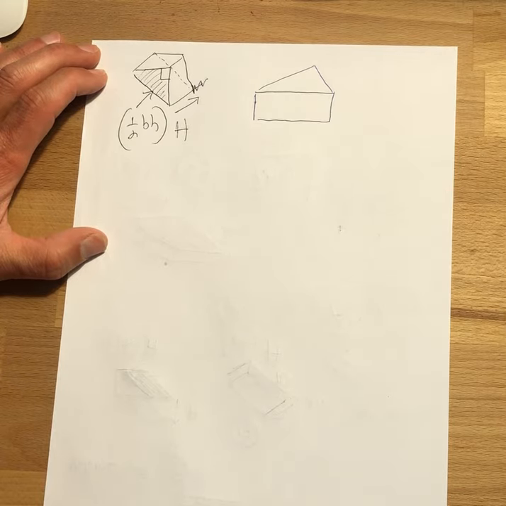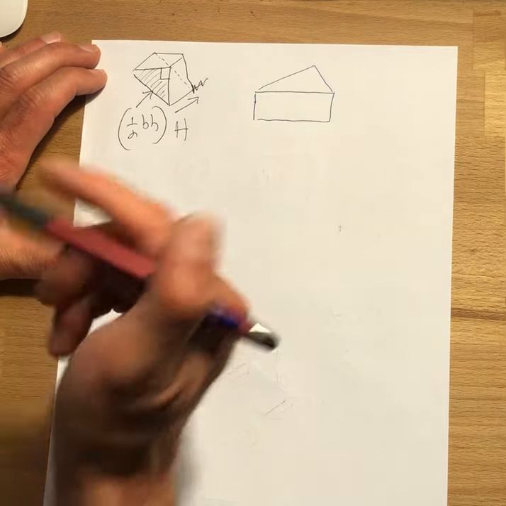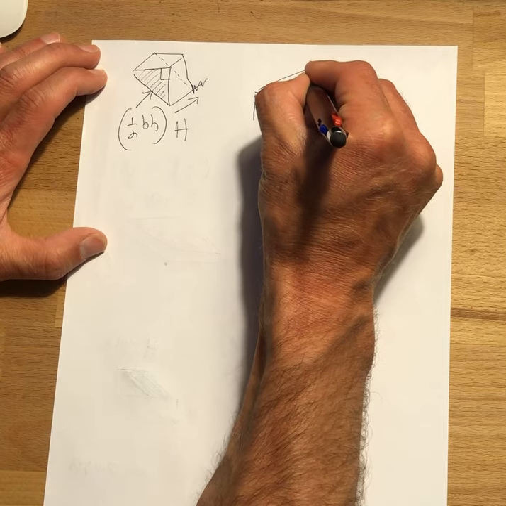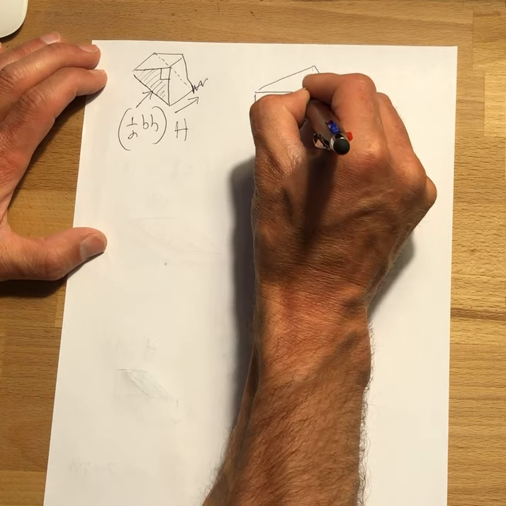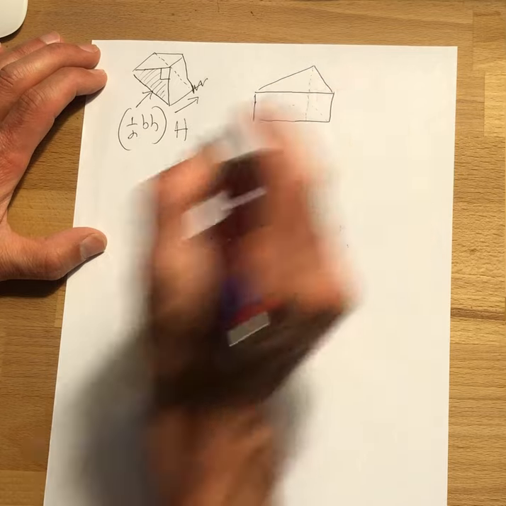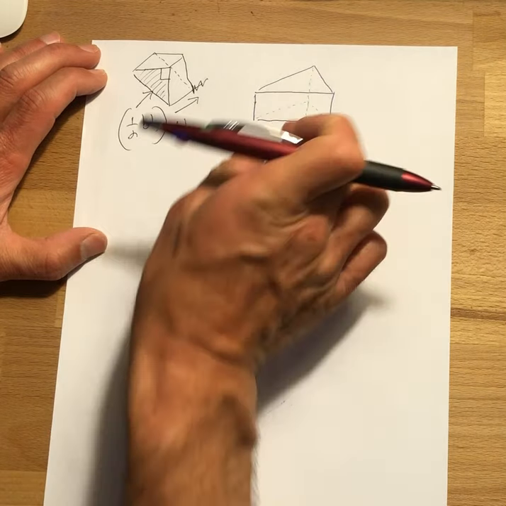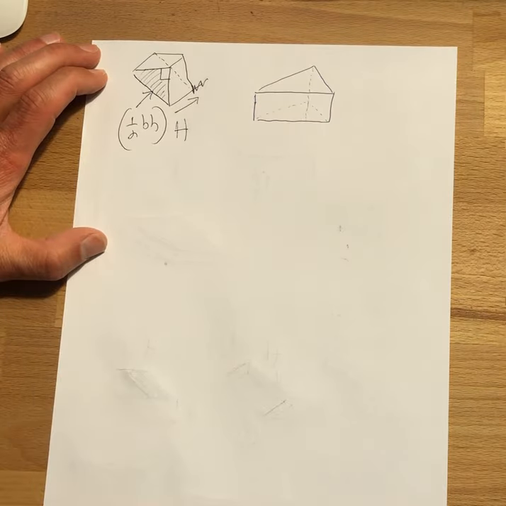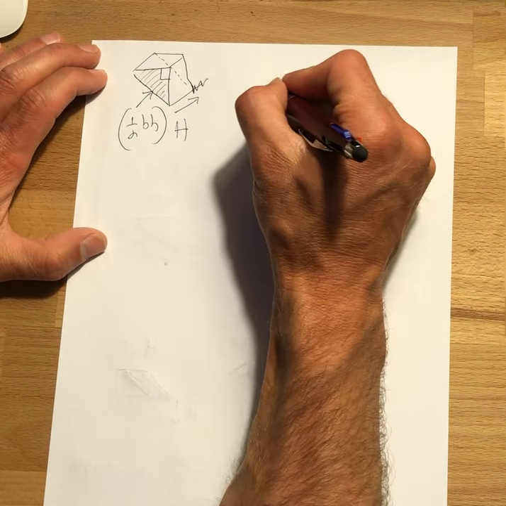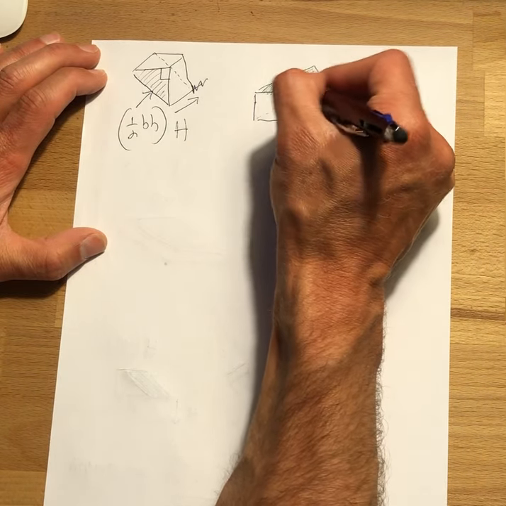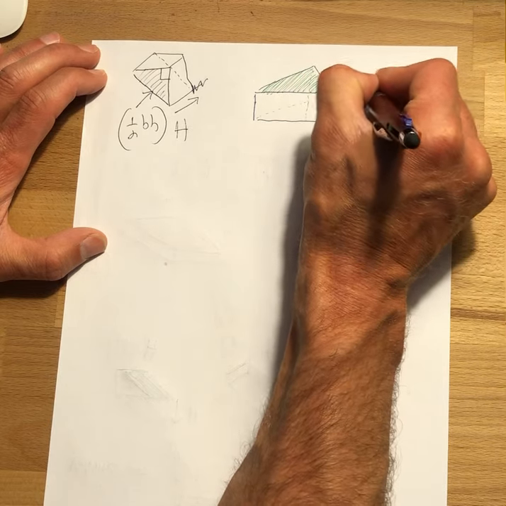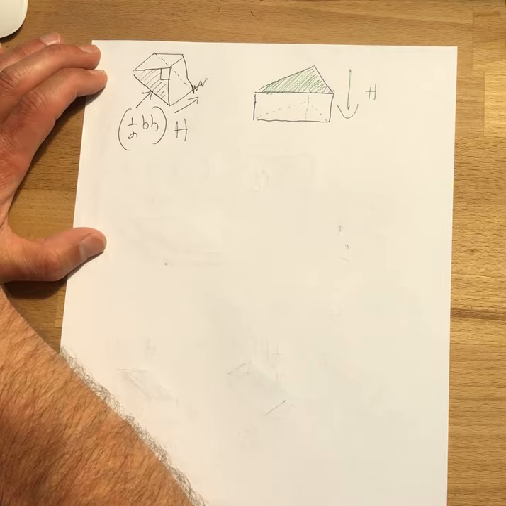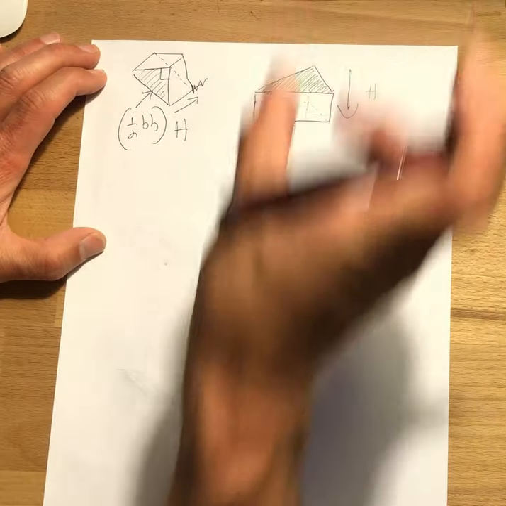But what you can't see is the inside of this shape. So this is a triangle. And there's a bottom triangle also. So technically, this triangle goes from the bottom all the way up to the top. Now you have to find the area of this triangle multiplied by how high or how much it goes from top to bottom.